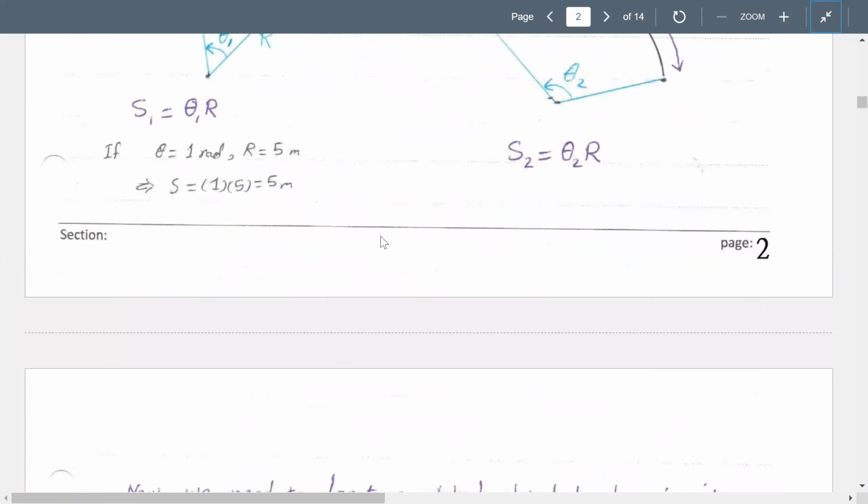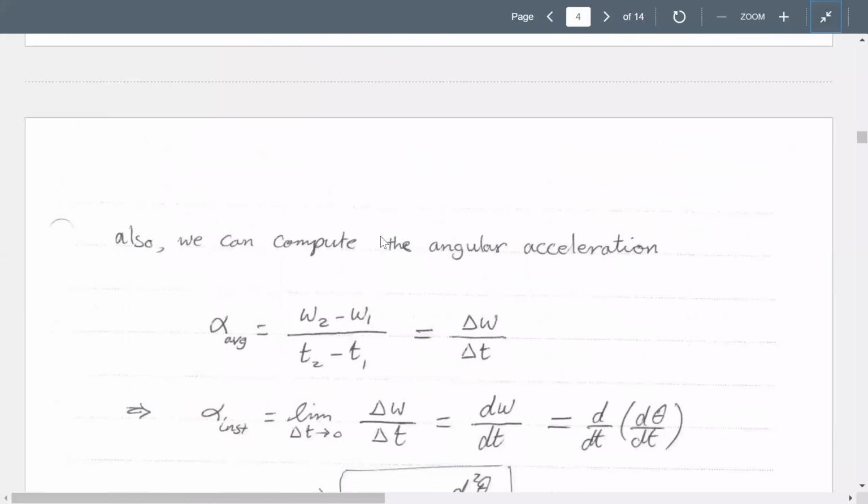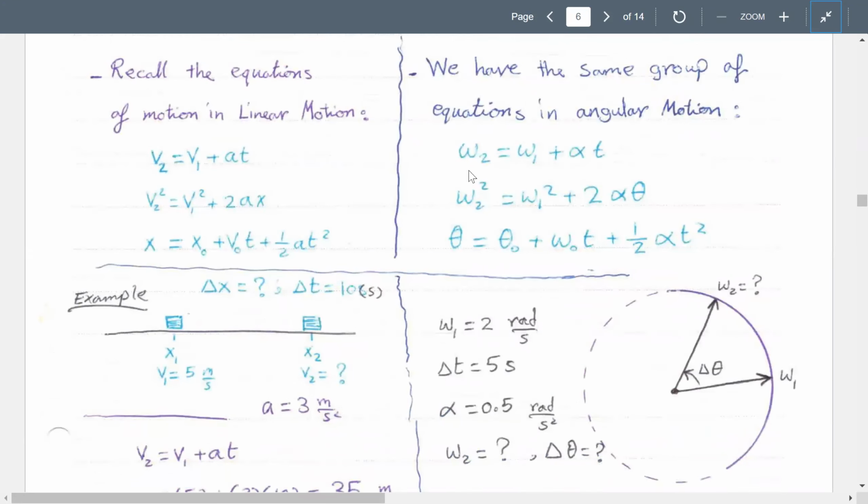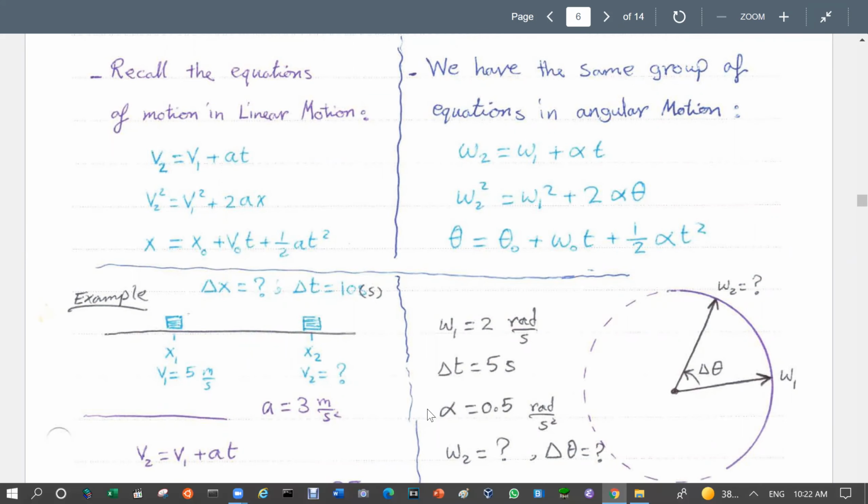Simply, our formulas will be in theta, omega, and alpha in place of x, v, and the acceleration a.